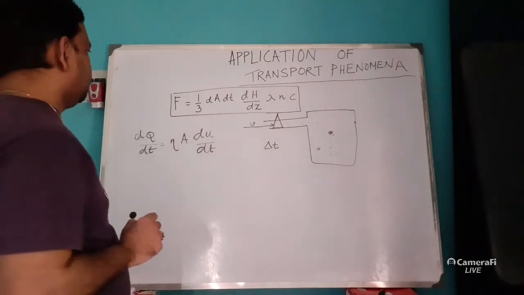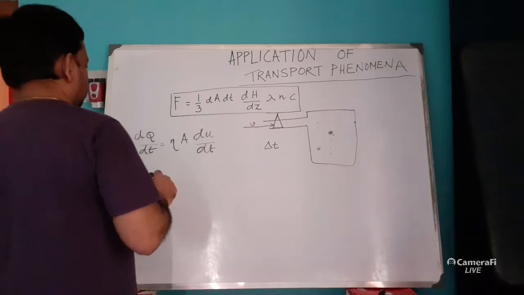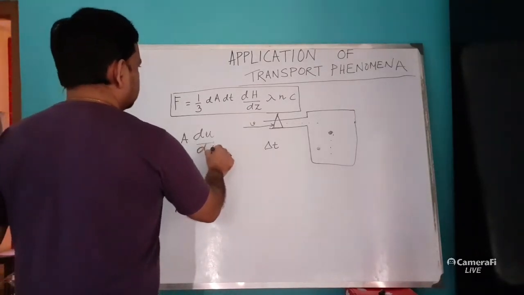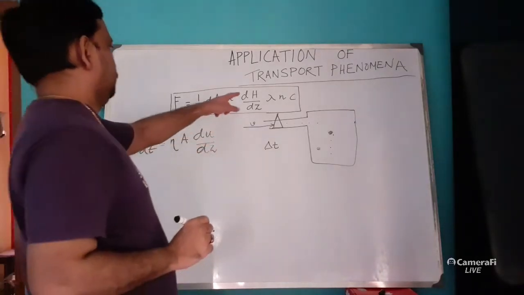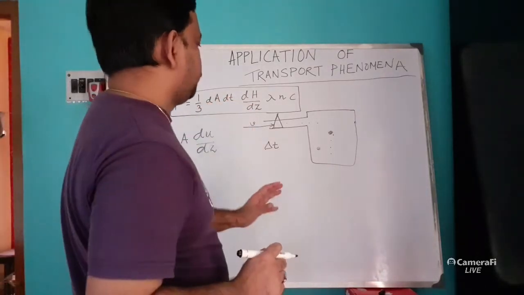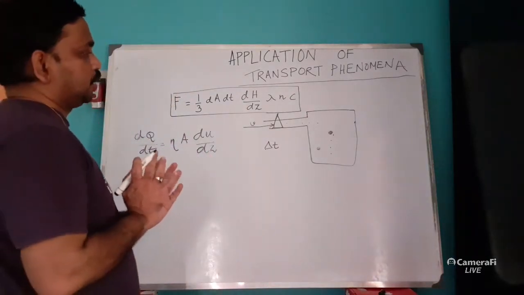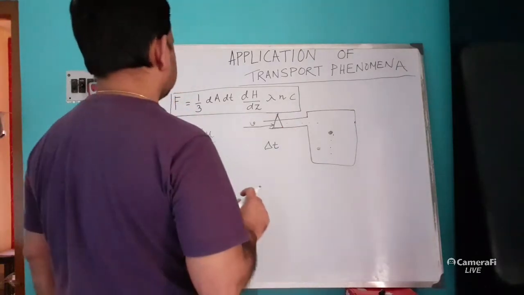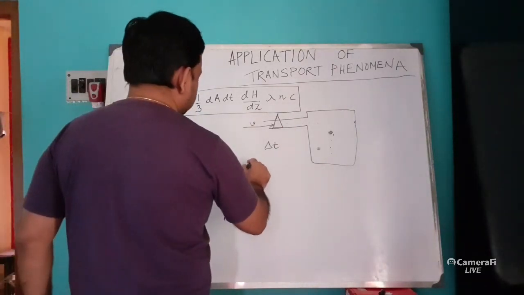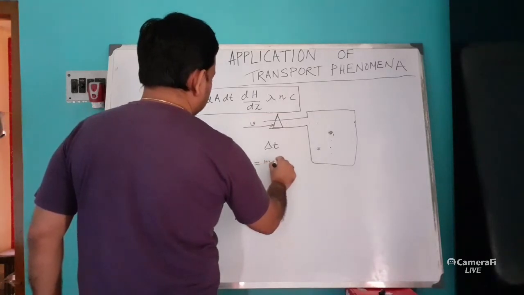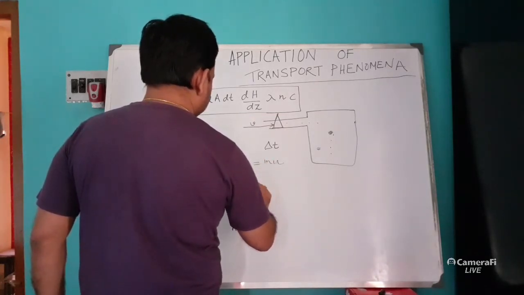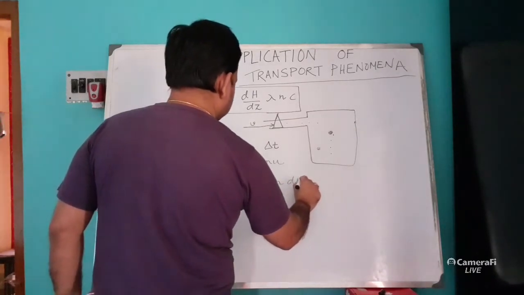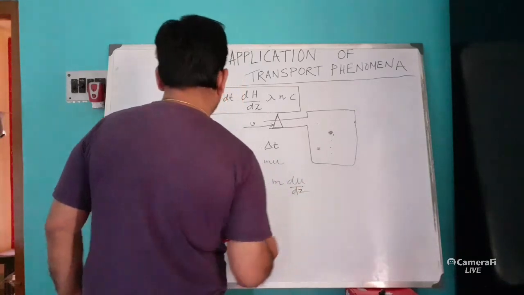Over here, it should be du by dz, not dt. So if we consider H, the physical quantity that was used to transfer from one point to another in the system under consideration, here H you can assume is equal to mu. So dH by dz is equal to m du by dz.